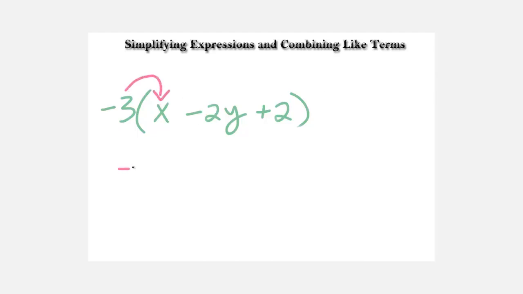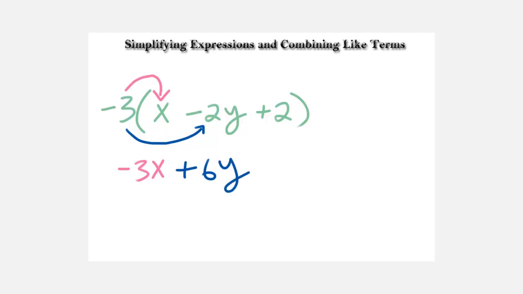Right, so that'll give us negative 3x, and this comes after. Right, notice there's a negative and a negative, so remember spoon, right? Negative times a negative, same sign, so therefore it's gonna be a positive 6y, right?